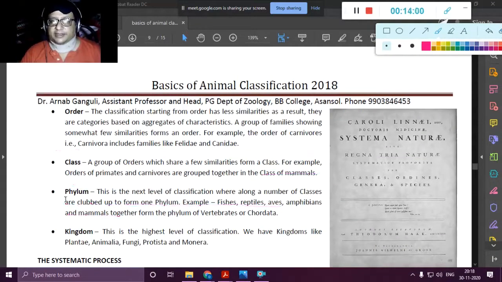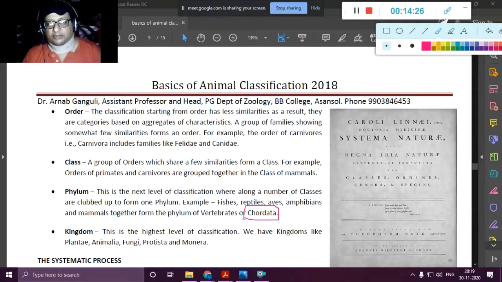Then you have phylum. This is the next level of classification. For example, fishes, reptiles, aves, amphibians are all placed together under phylum Chordata, because as embryos they had a notochord on their back.